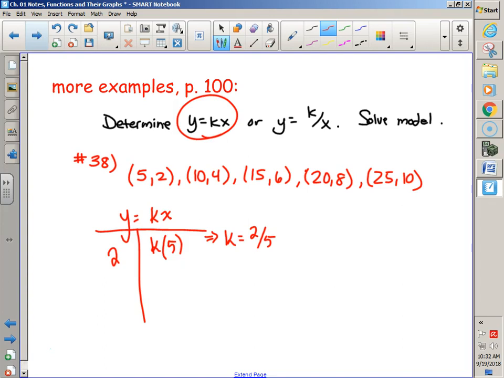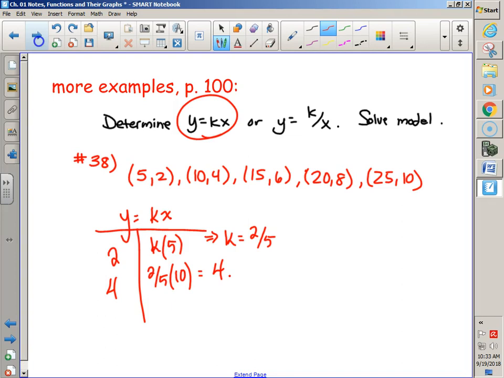Will that work for the next ones? Yes. Because 2/5 times 5 would equal 2. That works. If I was to plug in 10, that's 1 and 2 and 2 is 4. That does work. If I was to keep going, plugging in 15, plugging in 20, guess what? It's going to keep on working. The k is going to be 2/5 every time.